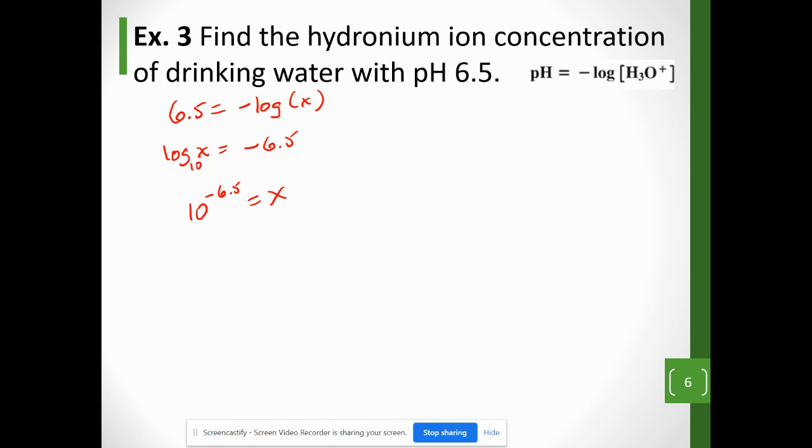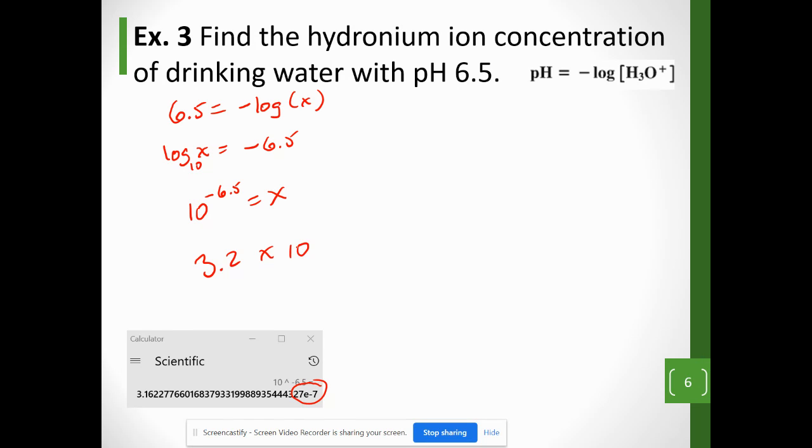Now let's find out what 10 to the negative 6.5 is. I type this on my calculator and it tells me 3.1622, a big number, but there is an E at the end, E to the negative 7. When I have that little E, that means it gave it to me in scientific notation. I'm just going to call this 3.2 times 10 to the negative 7.